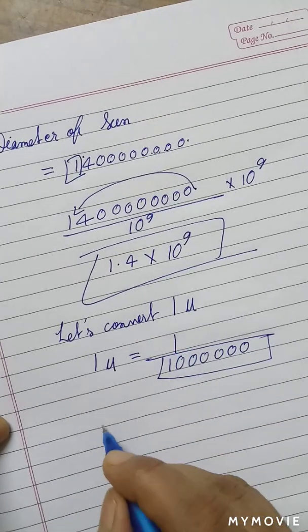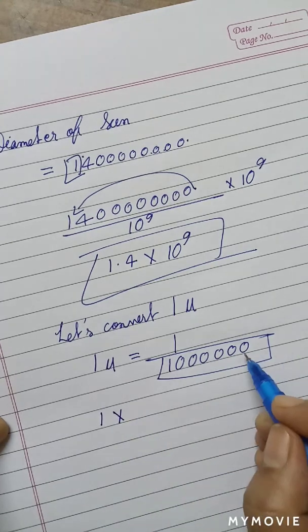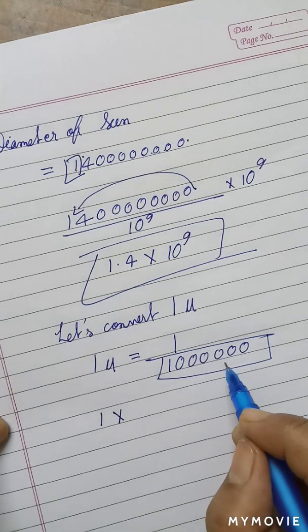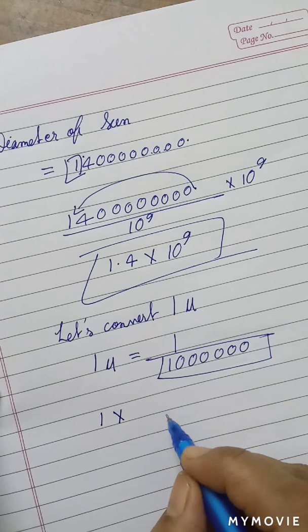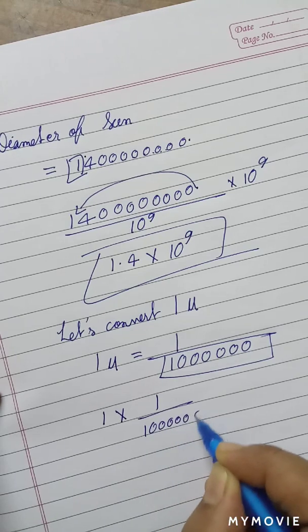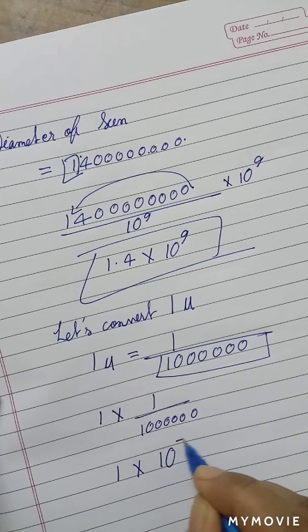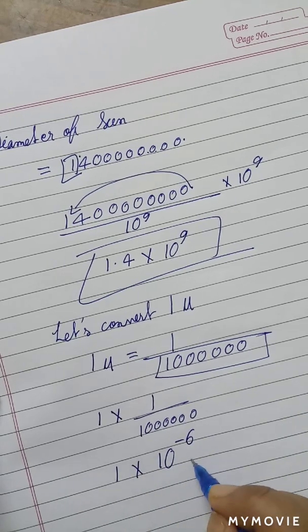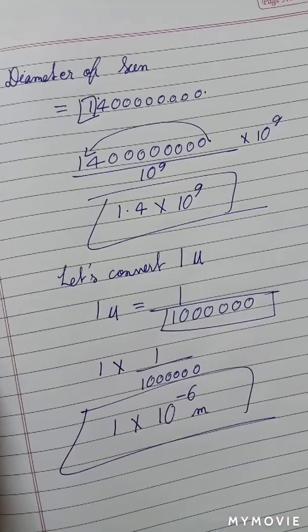We already have this whole number part. We don't have to do anything here. And we have 6 zeros. As a decimal fraction, we have 6 zeros here. So it is 1 by 1 million. So we can write it as 1 into 10 to the power minus 6 meters. This is the representation of 1 micron.